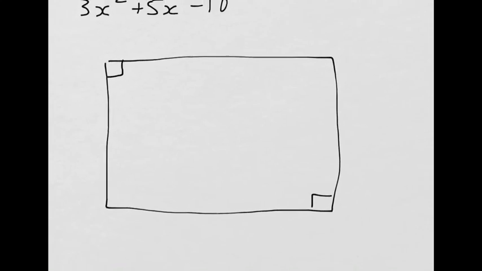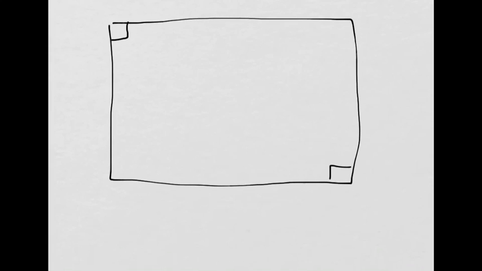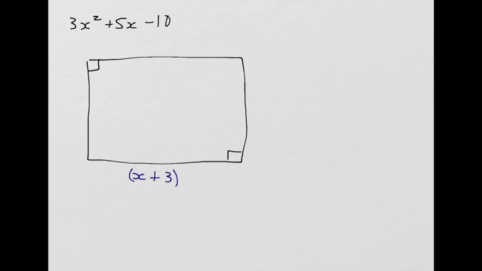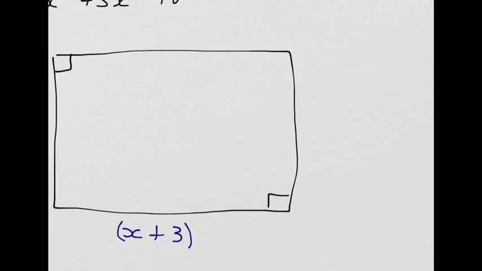Okay, so if I had a rectangle, which you have in front of you on your notes, so the angles are right angles, and let's say that the dimensions of that rectangle were x plus 3 for the length, and x plus 7 for the width.